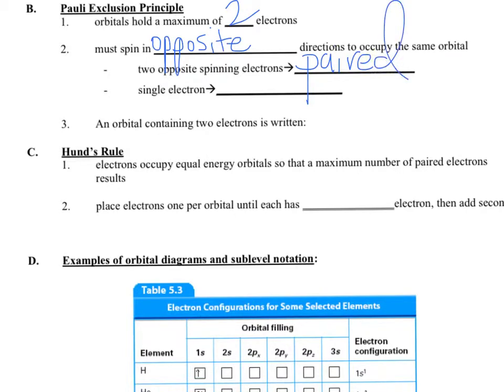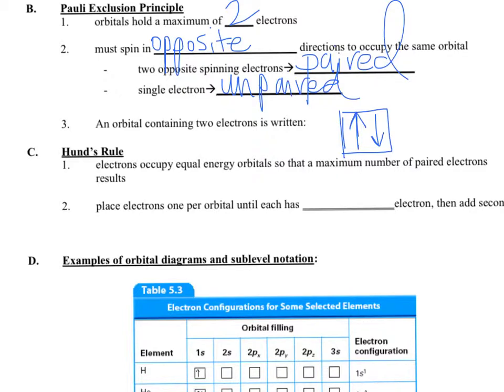And if we have just a single electron, then we say that's unpaired. That's kind of obvious. So in order to write an orbital containing 2 electrons, this should be familiar to you from Vikings, we do arrow up and arrow down. Okay, and then each of those is an electron.